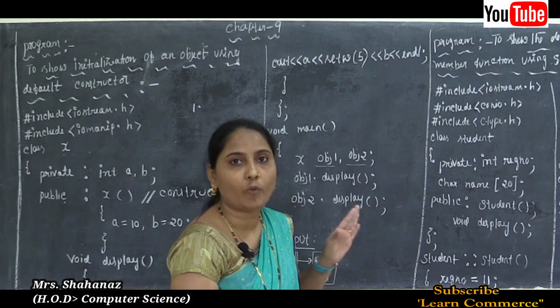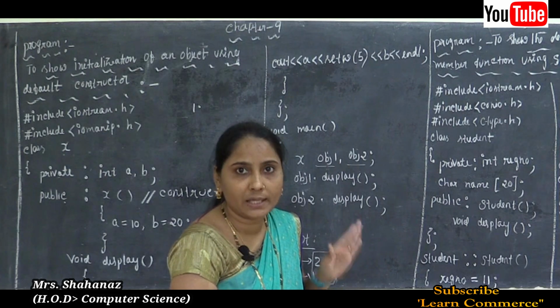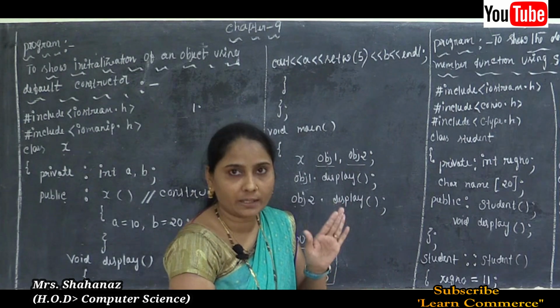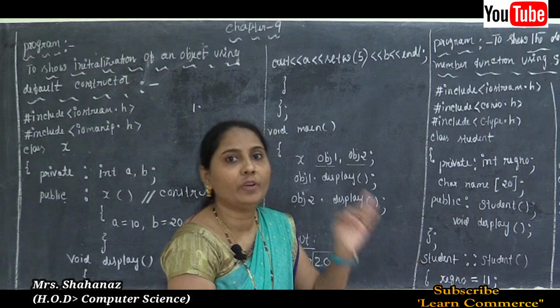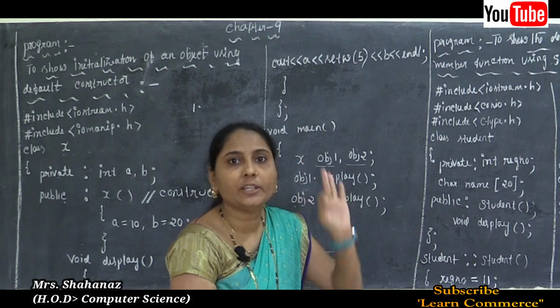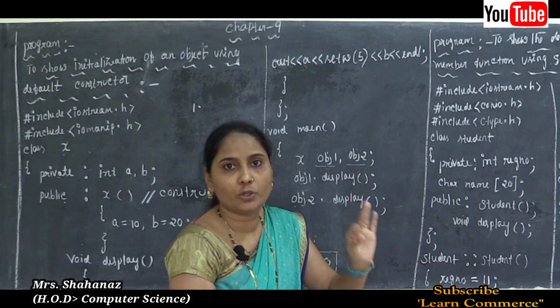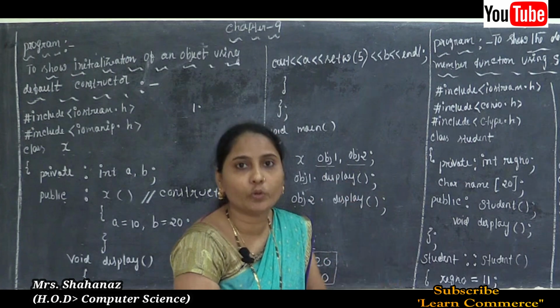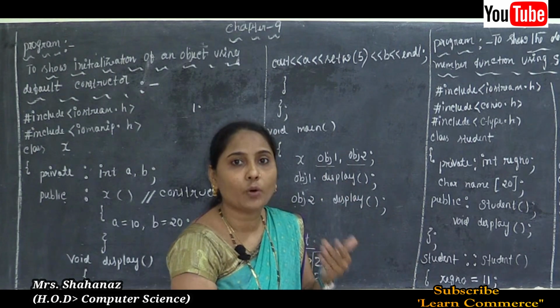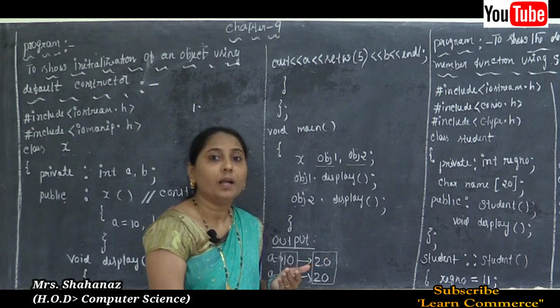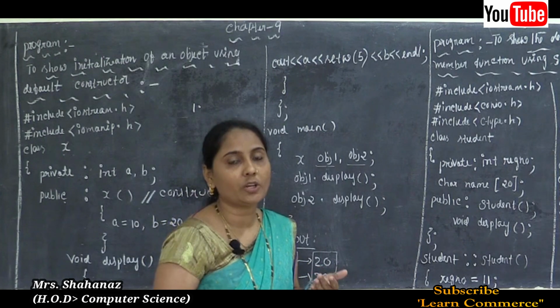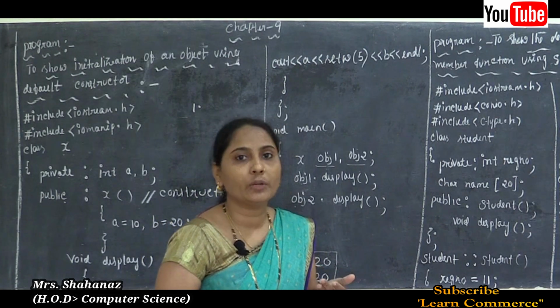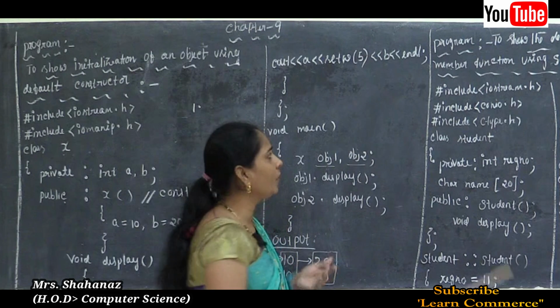That means I want to define it outside the class. To define outside the class definition, we know that we need to use an operator, the scope resolution operator, and we also know its purpose: the scope resolution operator is used to define the member function.